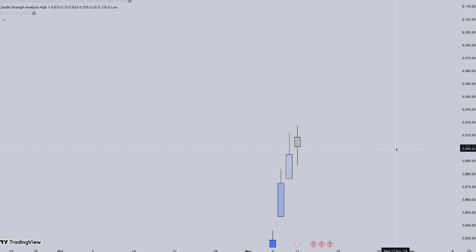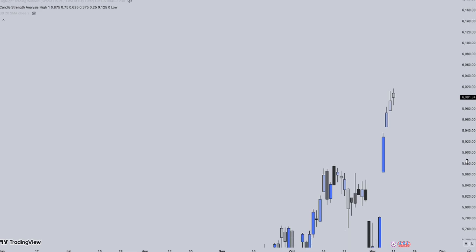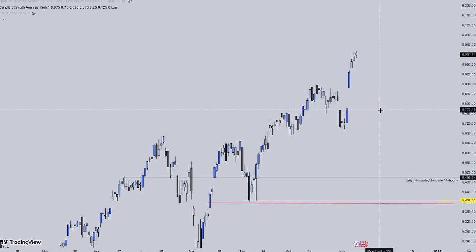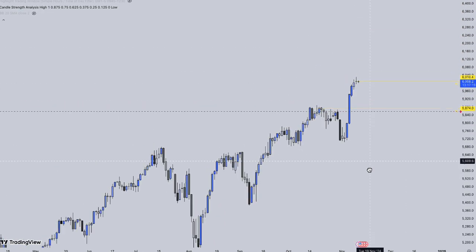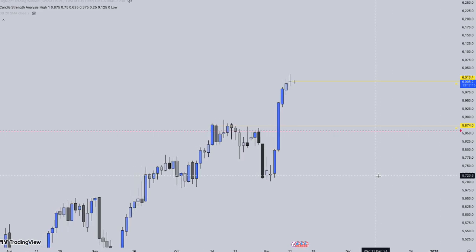Previous close on the 6,000 psychological level there, so that's very interesting. Huge gap here. Normally all gaps get filled. Normally, not guaranteed.